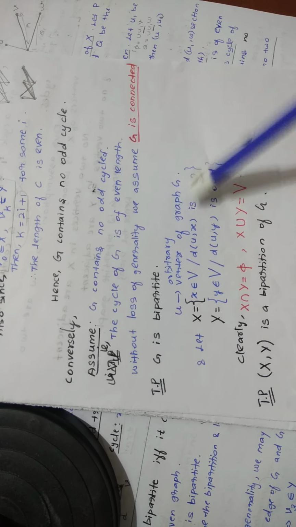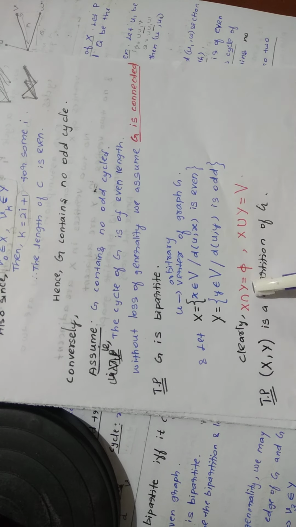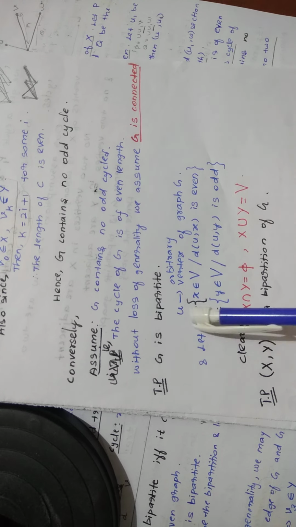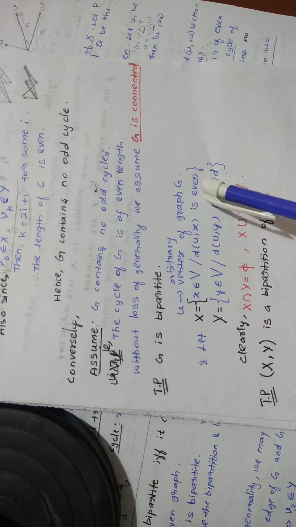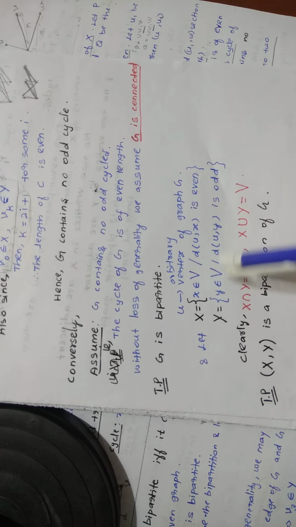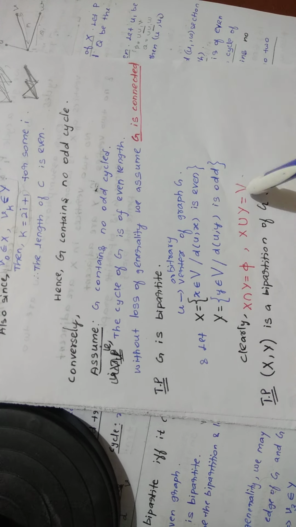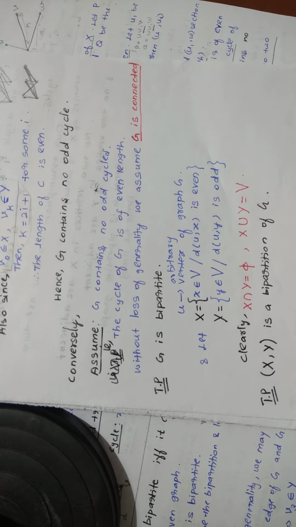Now clearly, from this we can say X intersection Y is equal to empty. If you find the X intersection Y, you will get empty, because in the set X you have even-distance vertices and in the set Y you have odd-distance vertices, so you could not find common vertices.